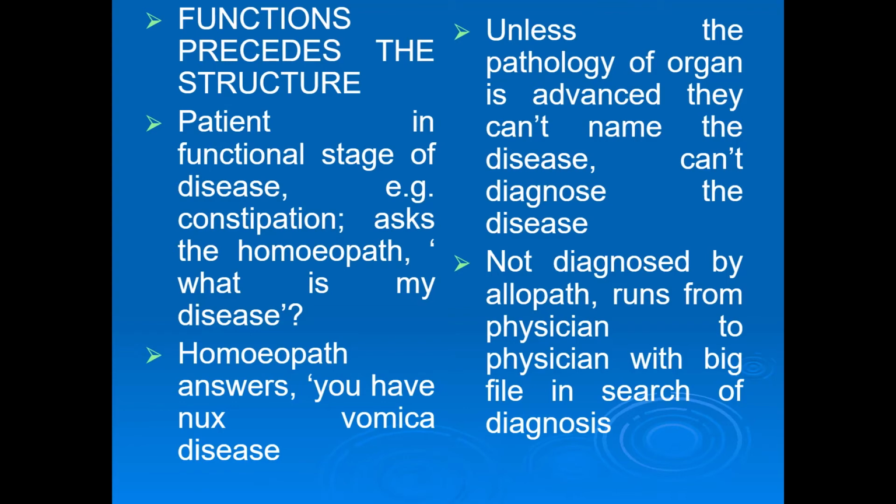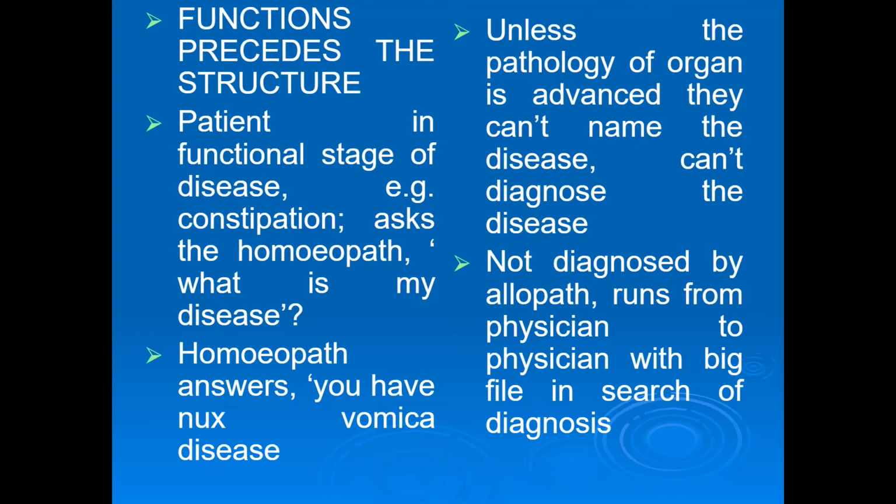He runs from physician to physician with a big file in search of diagnosis. Such a patient will undergo gastroscopy, will be searched by a kidney specialist, checked by a heart specialist, checked by a gastroenterologist, and he will have a big file with lots of papers. But where is the disease?